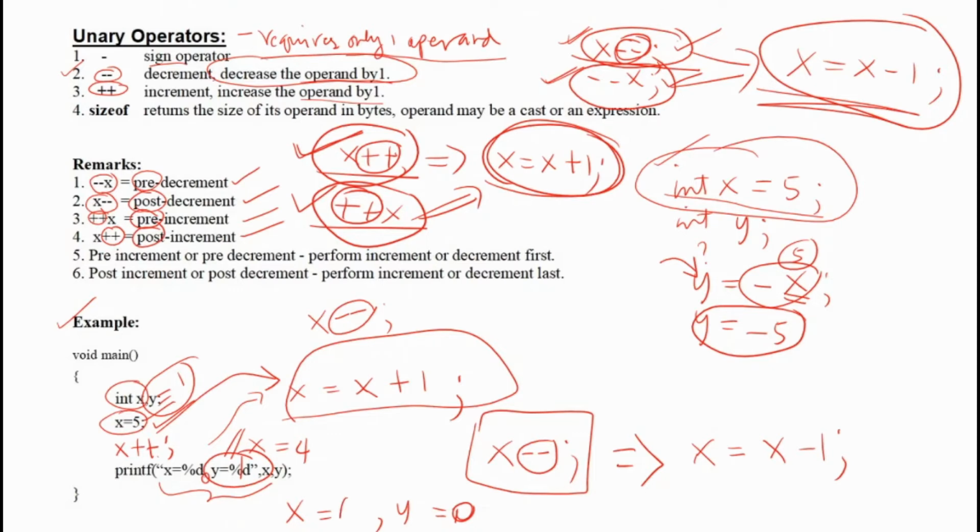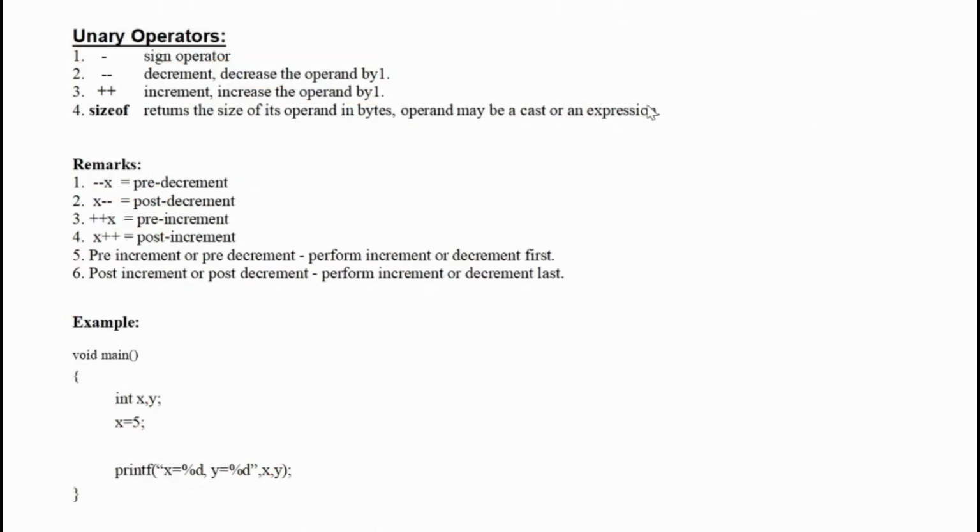So x here is 6. So again, if it is post-increment or pre-increment x, it has the same effect, and that is to increase x by 1. If we have now this example, y gets x minus minus. Now in this statement, we have now two operators, right?